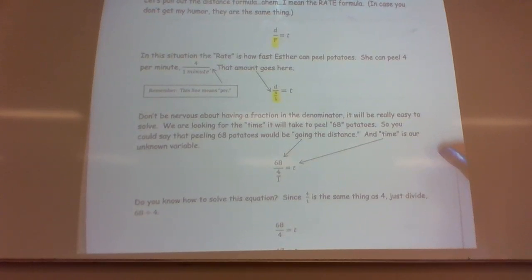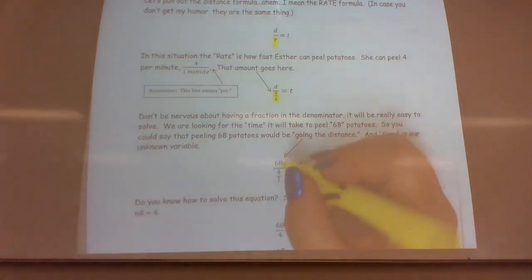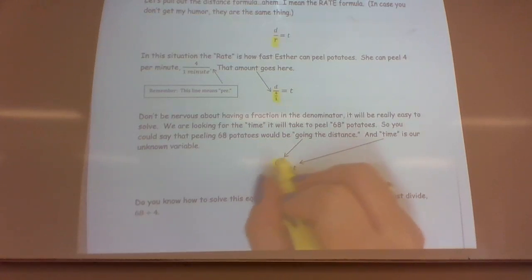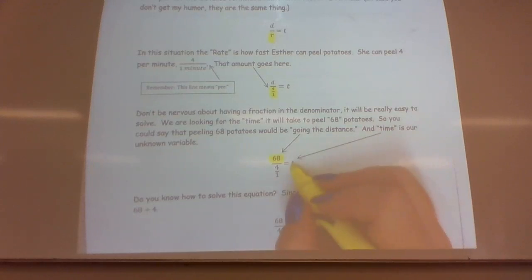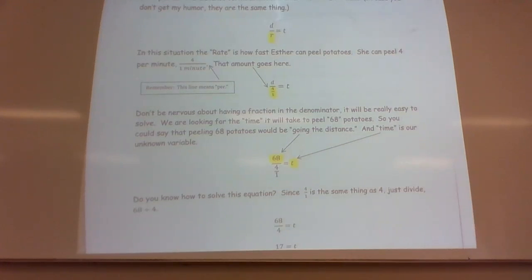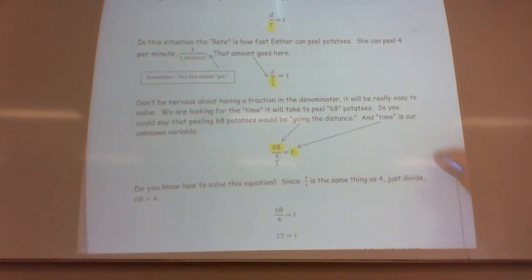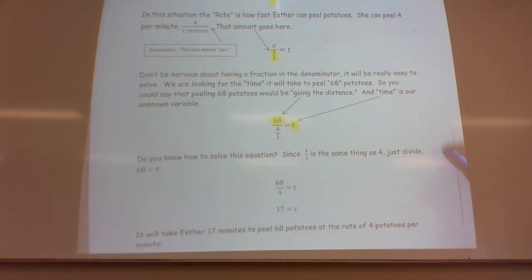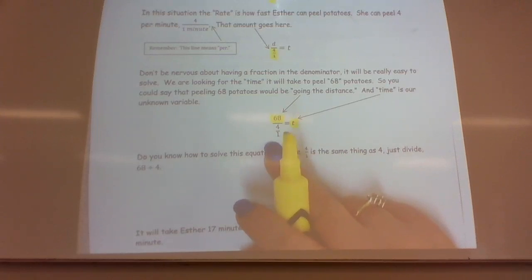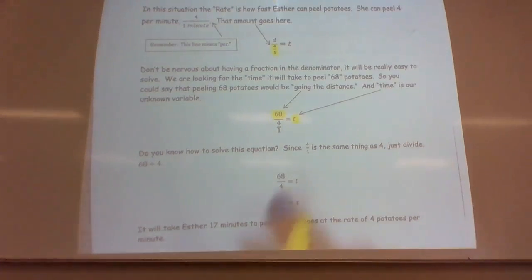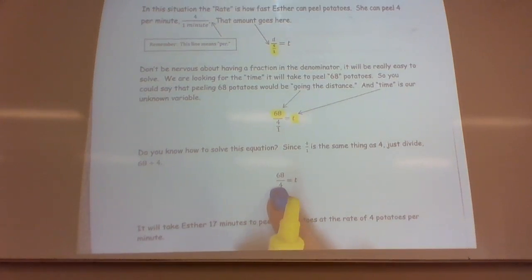Okay, so we're looking for the time it will take to peel 68 potatoes. So we could substitute 68 for the distance part of our problem. And our time is our unknown. So we have t for time. So we know if I divide 4 by 1, I get simply 4.